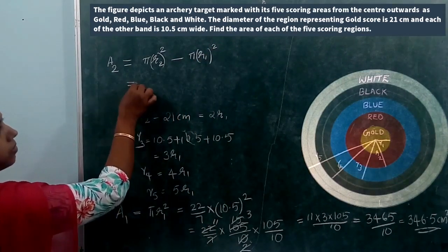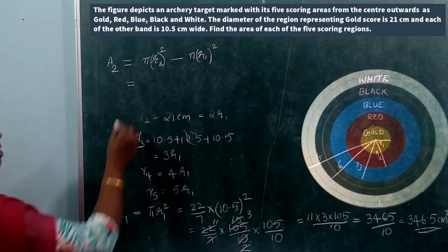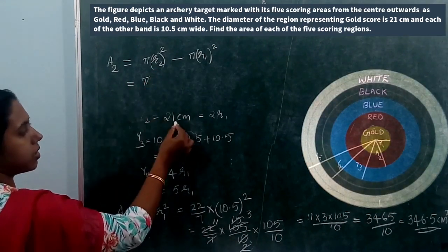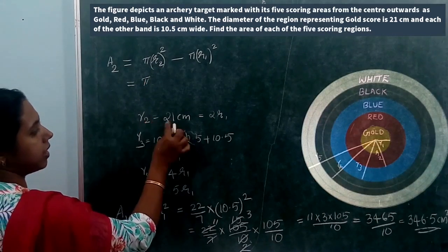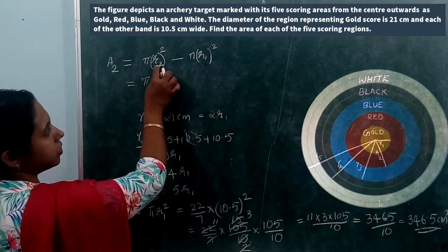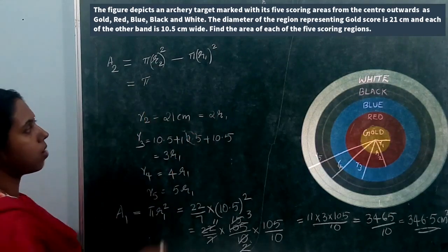That is equal to pi into r2 here. The r2 is equal to 21 centimeter. That means it's a double of the first radius. So instead of r2, we can write it as 2r1.